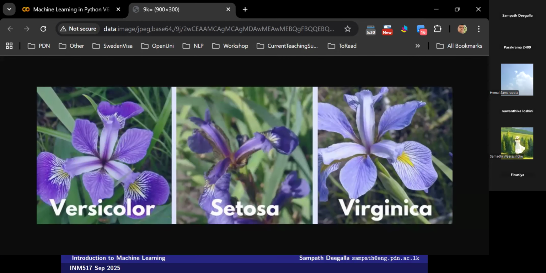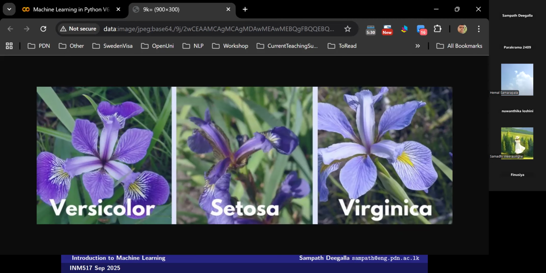You can notice that in this particular data set, the main aim is classifying flowers into these three categories: versicolor, setosa, and virginica. And visually, you can see that the flowers look the same.